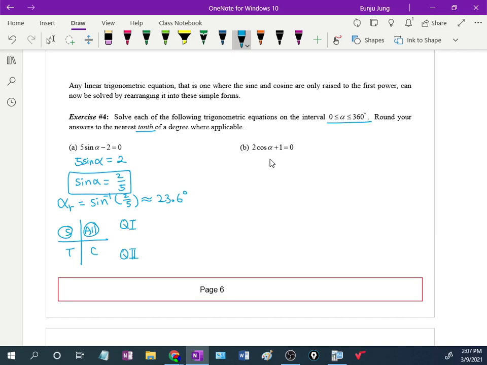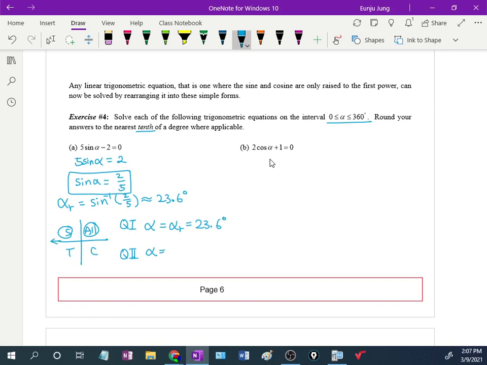If my answer is in the first quadrant, my theta will be the same as theta r, right? I'm using alpha, so my alpha will be the same as the reference angle, alpha r. So the answer will be 23.6 degrees. Next alpha will be from this one, right?